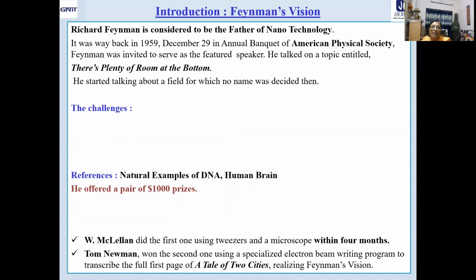It was way back in 1959, on a cold December 29, at the annual banquet of the American Physical Society, that Feynman was invited to serve as the featured speaker. Around 300 renowned physicists had gathered there, and Uhlenbeck invited Feynman, and he accepted the invitation to serve as featured speaker.